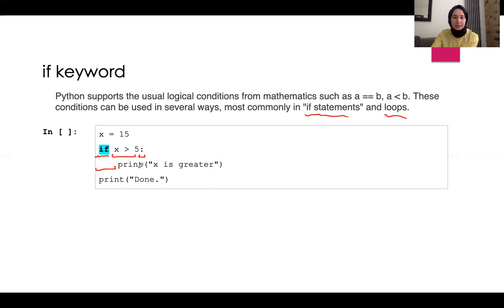If this condition is true, then this line of code will be executed, then the next line of code will be executed. As x equals 15 in this example, and x is greater than 5, this will be printed, then this will be printed. When we run this piece of code, this is the result we will get, as you expect.